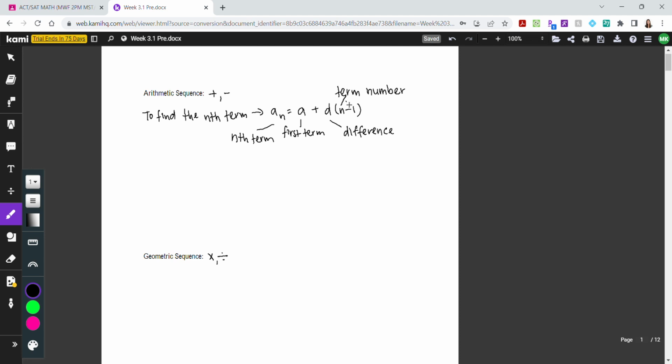All right. Now along those lines, sometimes they would also ask us to find the sum of the series. So we would need to use this formula, which is S_n equals n over 2 times (2a plus d times (n minus 1)). S_n here will be the sum of the first n number of terms.